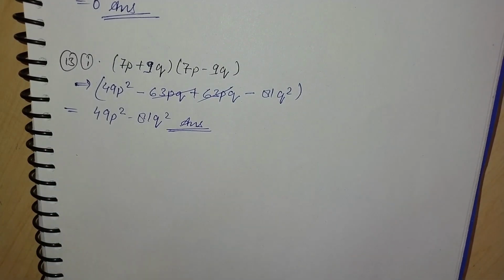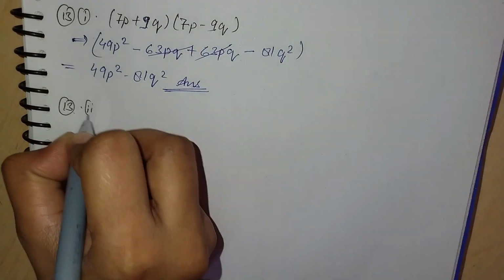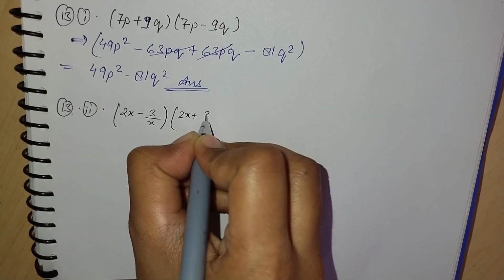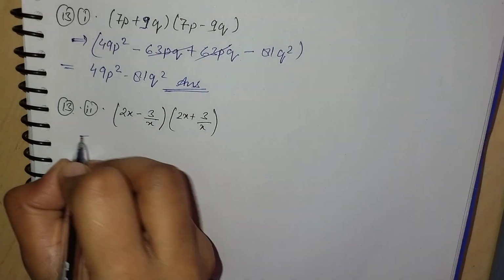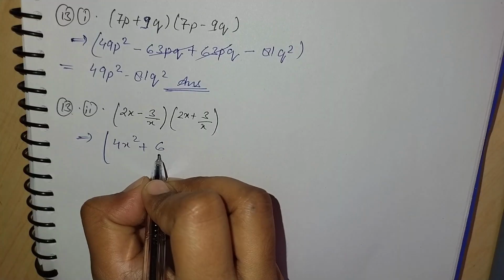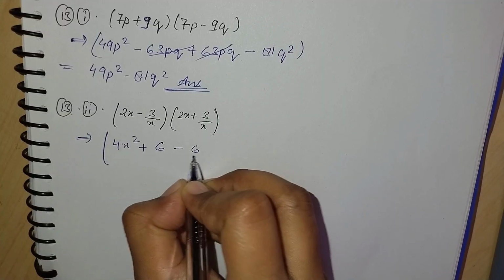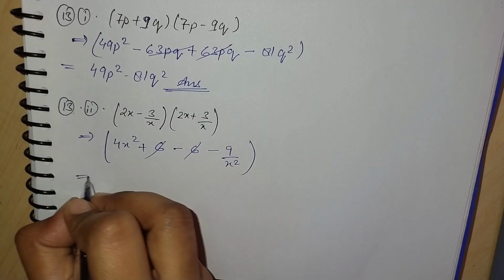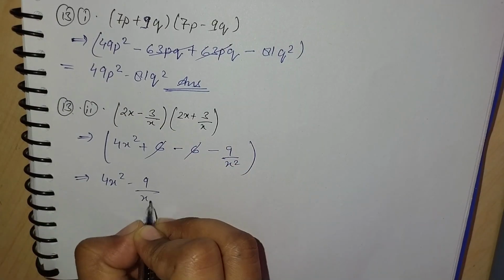Now the second question is (2x − 3/x)(2x + 3/x). On solving, we will get 4x² + 6 − 6 − 9/x². So this will cancel out and we will get 4x² − 9/x² as the answer.